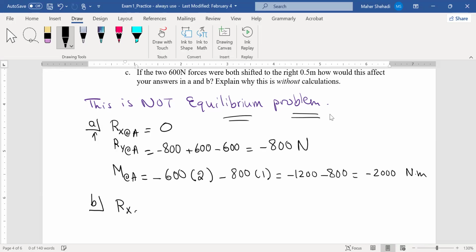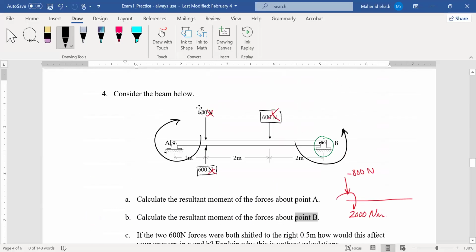So again, Rx at B is 0. We don't have any force. Ry is still minus 800 Newtons. And then we have M at B. That's equal, we still have the same couple, so it's minus 600 times 2. But this time, as I've mentioned, the 800 is rotating in the clockwise, and the value is 800 times 4, 2 plus 2.